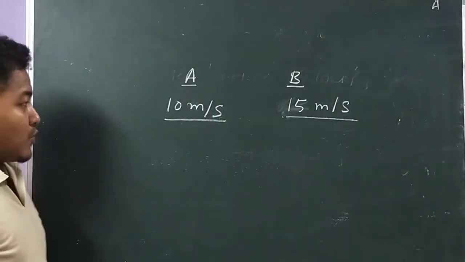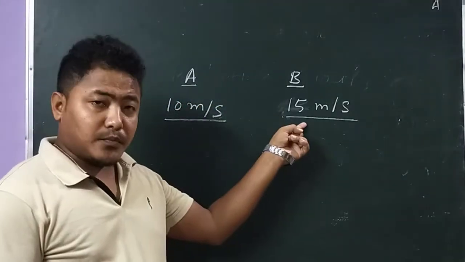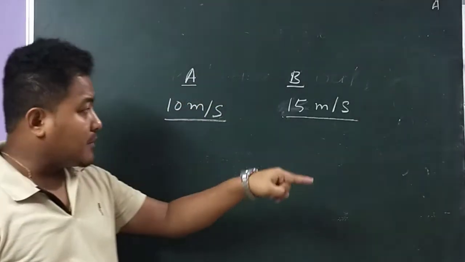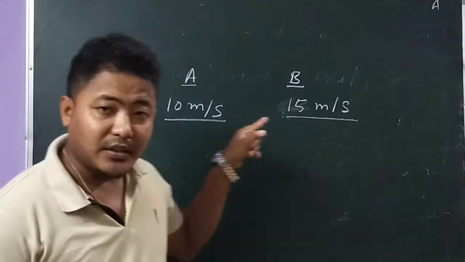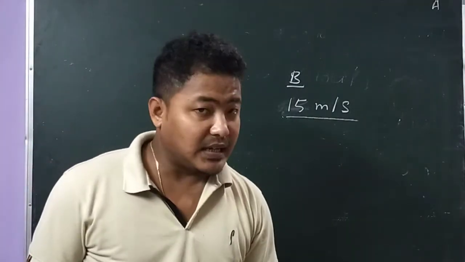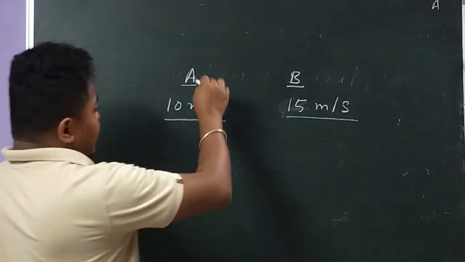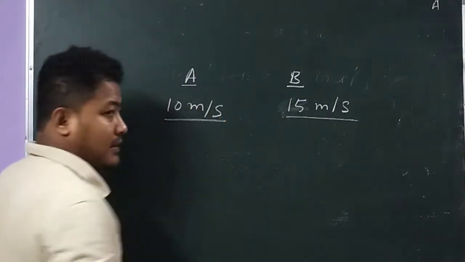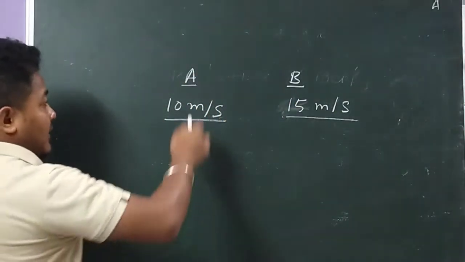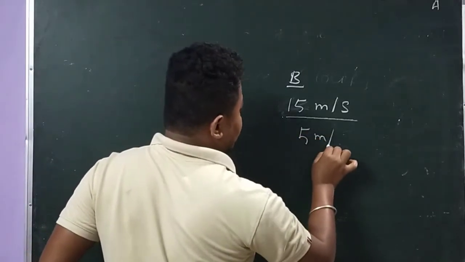if I ask you what is the velocity of body A with respect to body B, and what is the velocity of body B with respect to body A, that will be the relative velocity of object A and object B. Now in this case, if object A sees body B, then we will find that object B is moving at 5 meters per second.